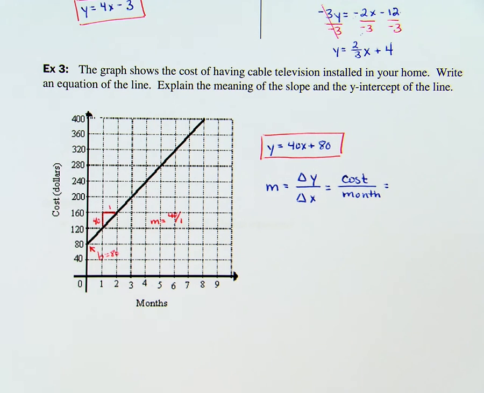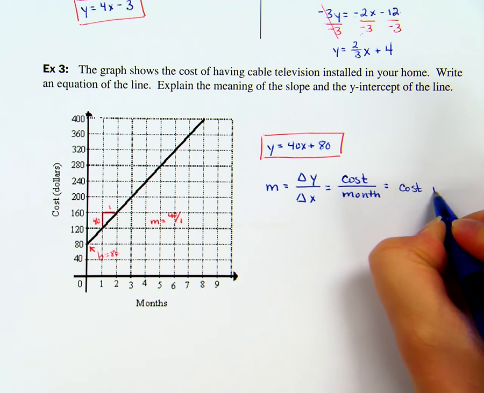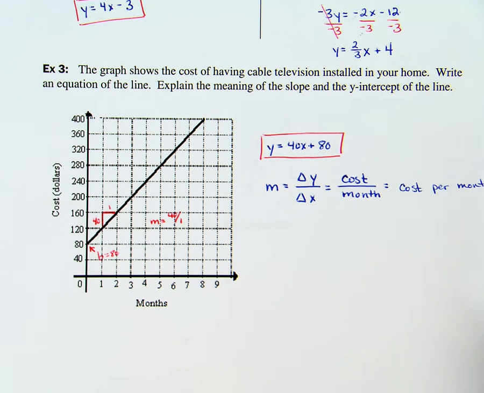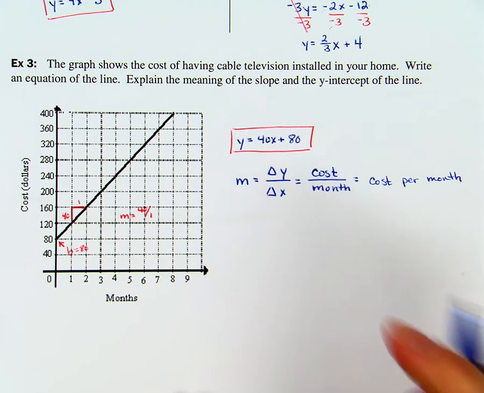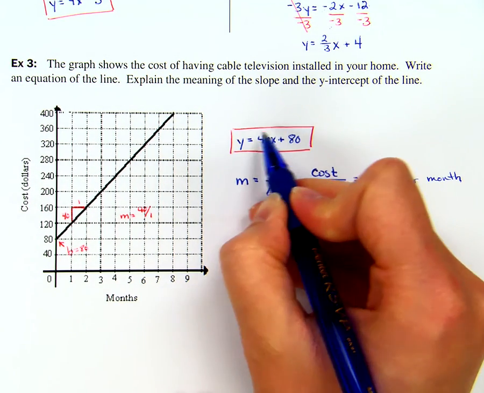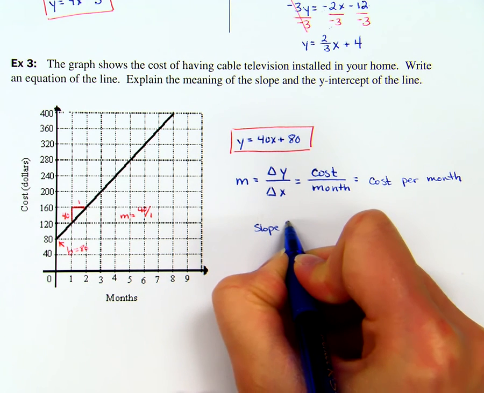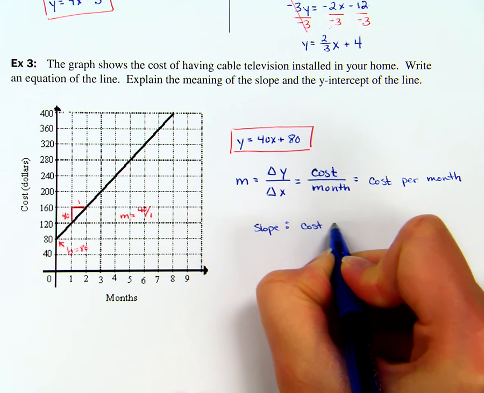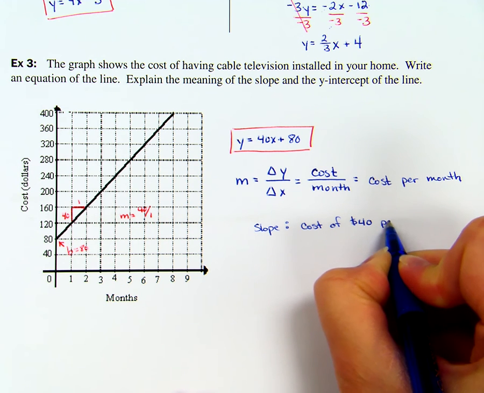So our slope in this problem is actually giving us the cost per month. Now our specific cost per month we found to be $40. So our slope for this problem is a cost of $40 per month.